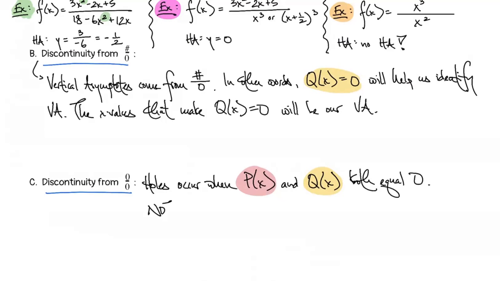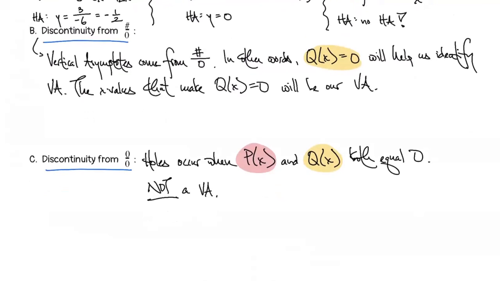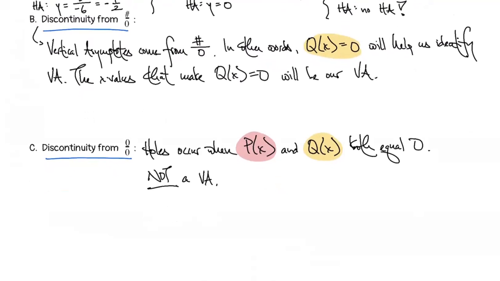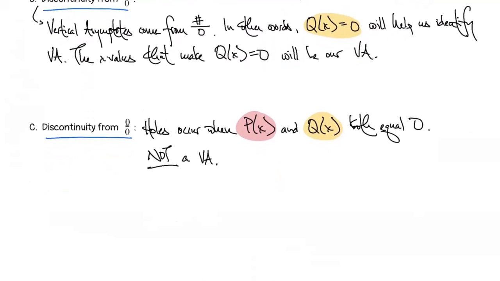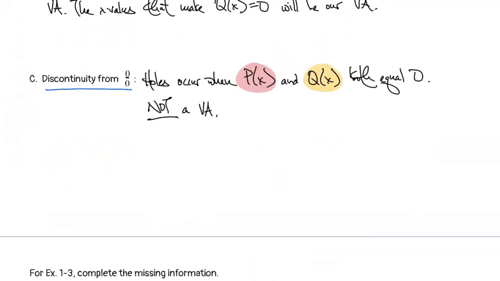This is not a vertical asymptote. All right, so let's do a couple quick examples of what this looks like or what it could look like, and then we'll take a break, okay? So let's say that I have this example. F of X equals X minus 2 over X plus 1 times X minus 2.